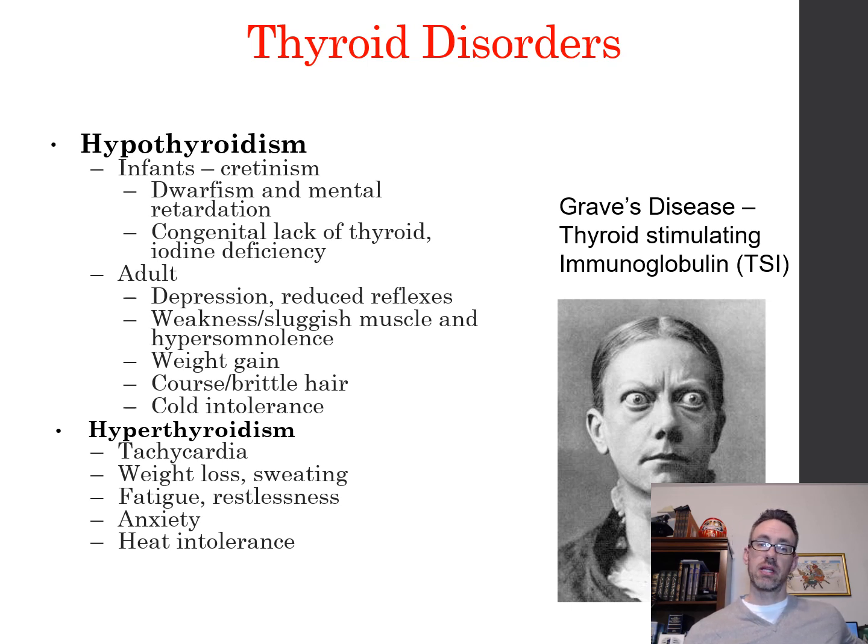So when it stimulates the thyroid gland, it causes an increase in thyroid hormone production, and although the elevated thyroid hormone is negatively feeding back on the pituitary, that's not where the TSI is coming from, and so the TSI continues to stimulate it. And since TSI acts like TSH, you can get a goiter. There's growth of the thyroid gland and an increase in thyroid hormone production, and that produces a lot of the symptoms I just talked about here.